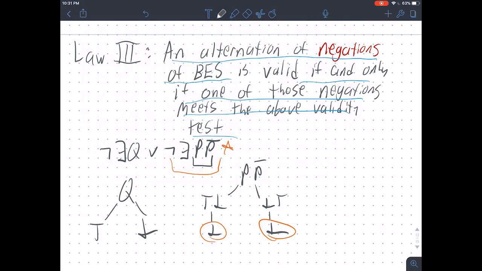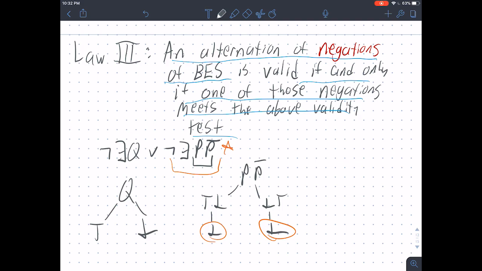If we have false or true, as long as one part of an alternation comes out true, we reduce the whole thing to true in truth value analysis. So as long as one of our negations of Boolean existence schemata in an alternation comes out valid, which happens if the term schema is inconsistent like this, then we know that the whole alternation has to always come out true.